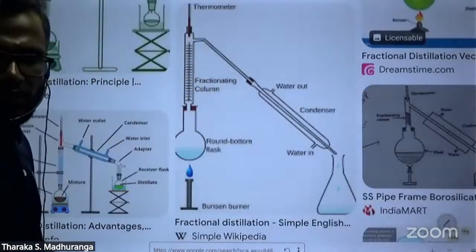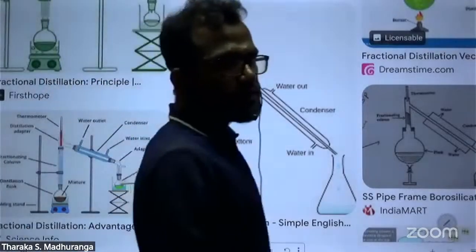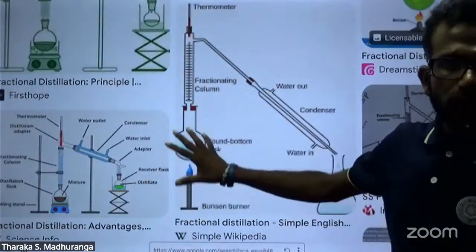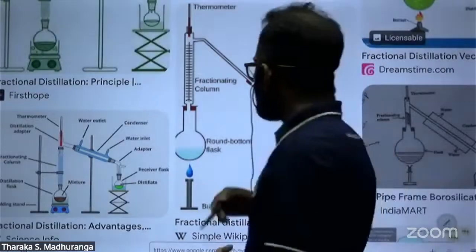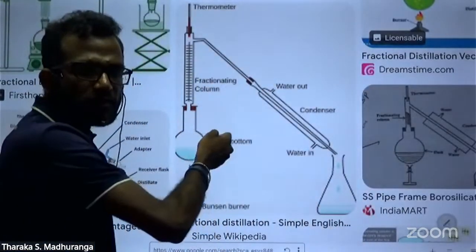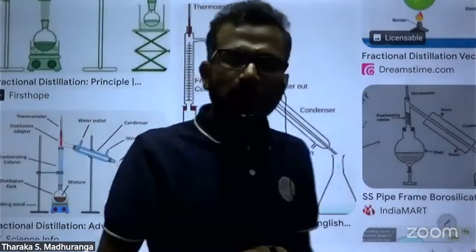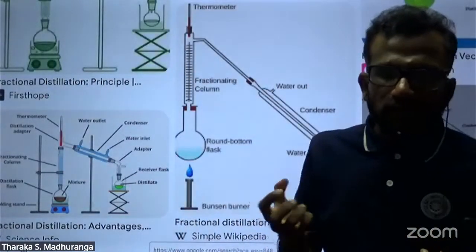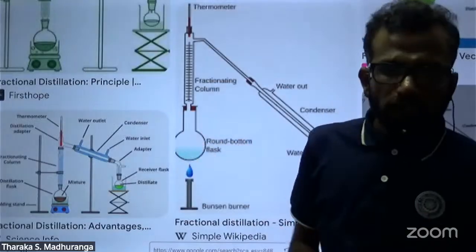Okay, for our lesson, we discuss this type of fractional distillation process. For this fractional distillation, first of all, we need to place our plant material and solvent in the solvent chamber.